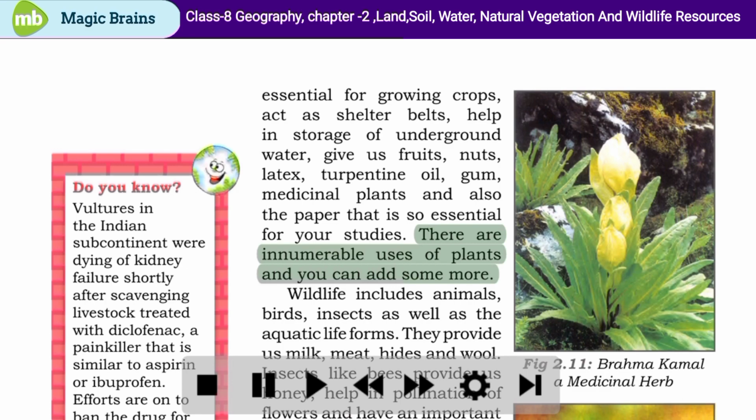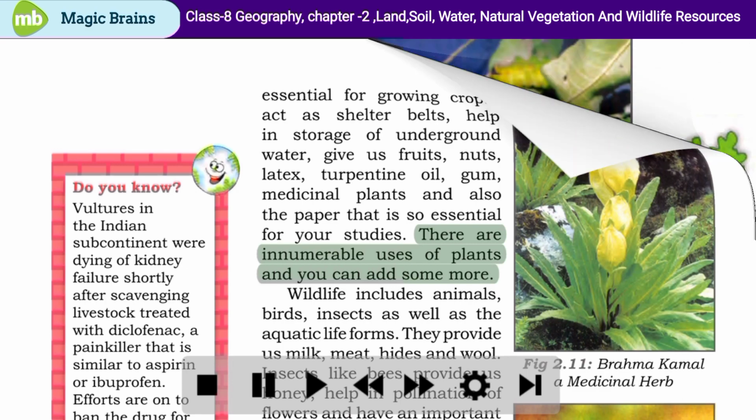There are innumerable uses of plants, and you can add some more.